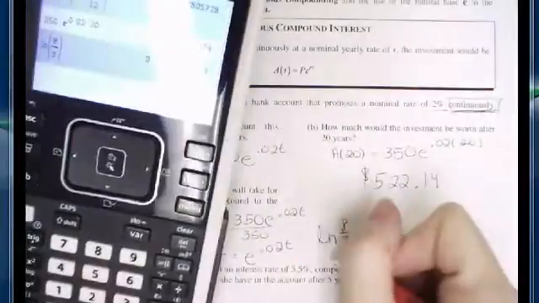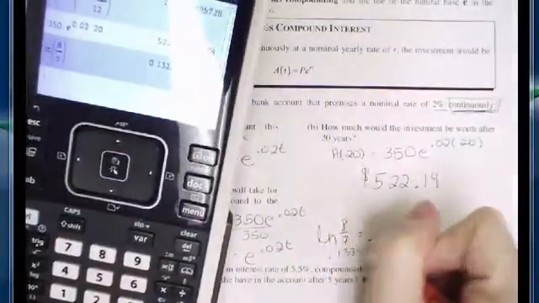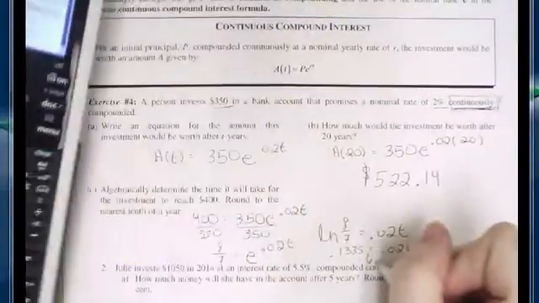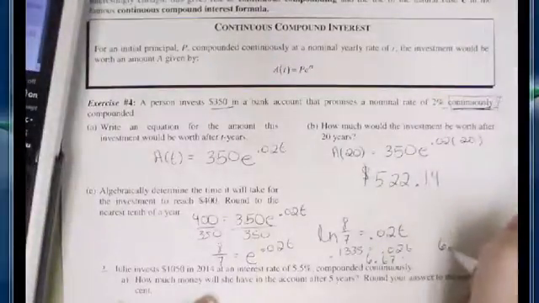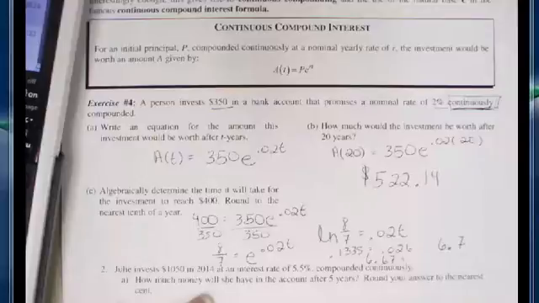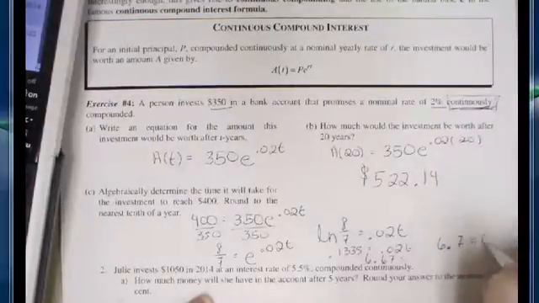Always nice. So I'll write that down, 0.1335 equals 0.02t. Divide by 0.02. Bam! 6.7. Well, it's 6.67 repeating. So nearest tenth, this one said. You tell it exactly nearest tenth.